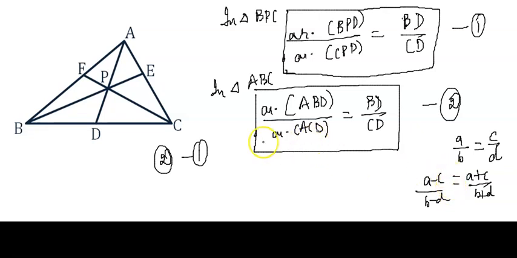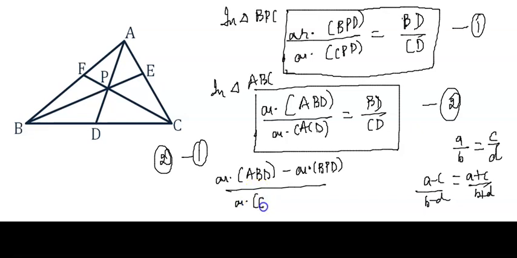So what we can do here is combine equations 1 and 2 and write it as the area of ABD minus the area of BPD, divided by the area of ACD minus the area of CPD. This will again be equal to BD by CD.